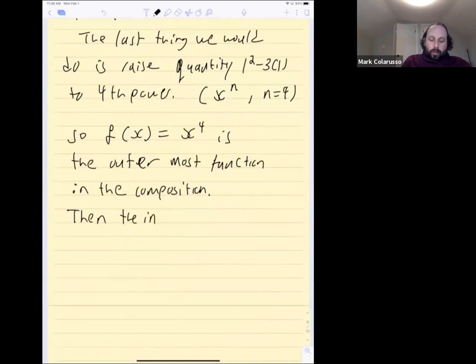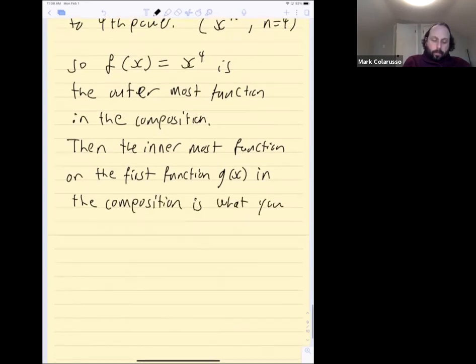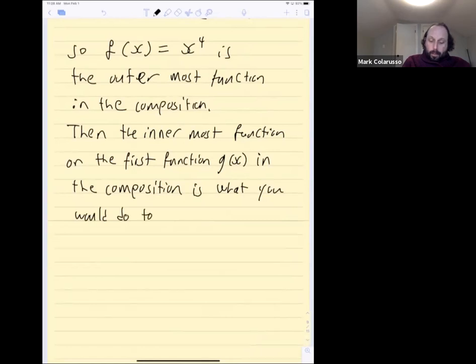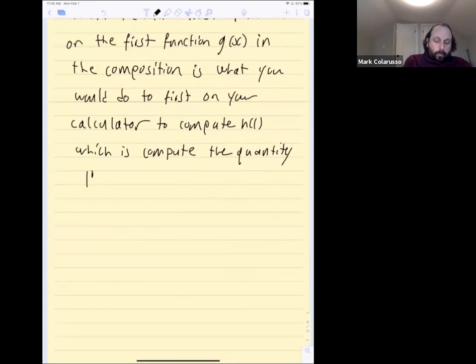Then the innermost function, or the first function, is what you would do first on your calculator to compute h at 1, which is computing the quantity 1 squared minus 3 times 1.